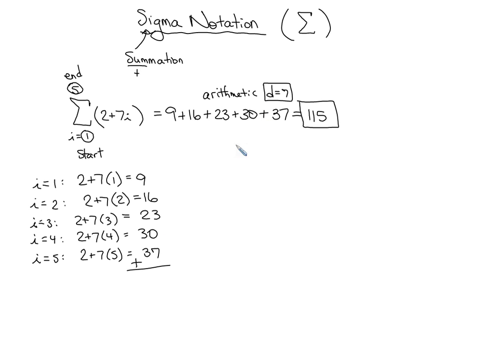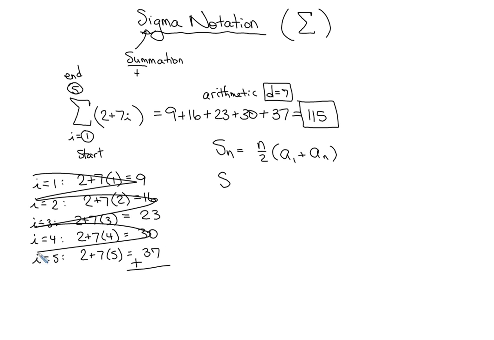So since this is an arithmetic series, can't we also use this formula? So the question is, how many terms are we adding up? 5. Why? How do you know? Well, we can see that there are 5 terms because we worked them out, but what if we didn't work them all out? What if this wasn't there? A 5 on top.